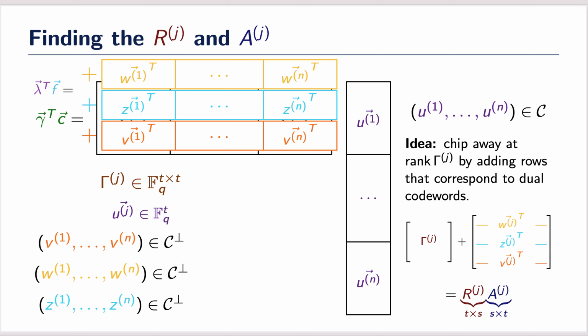And once you do that, then now you see this equation from before that reconstructs lambda transpose f as equal to gamma transpose c, which is equal to the sum over j of rj aj, which is just that jth block, times uj. And this is exactly where we get the linear recovery schemes.